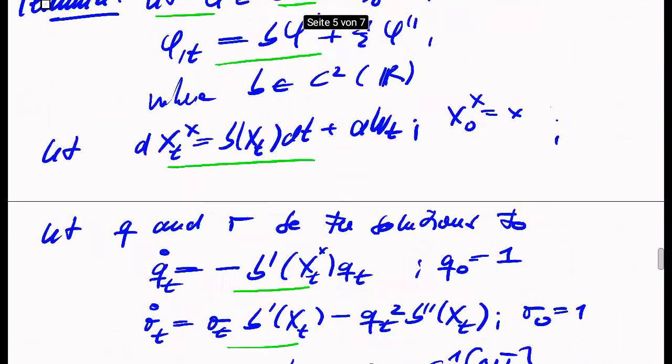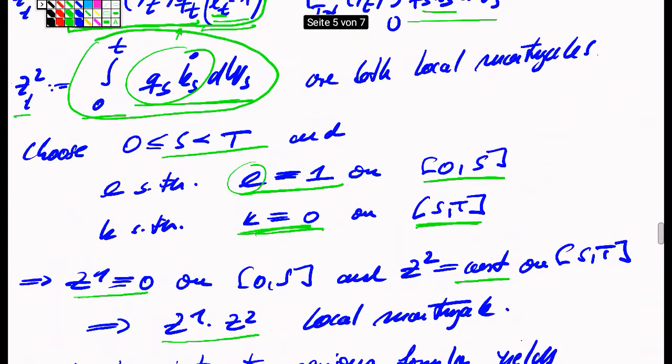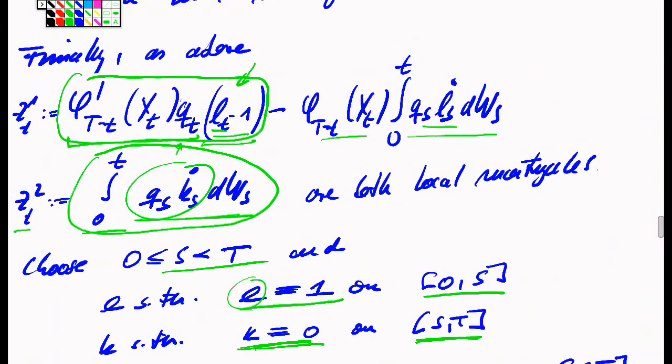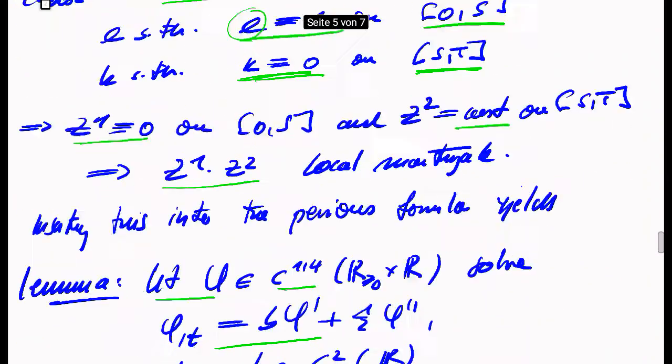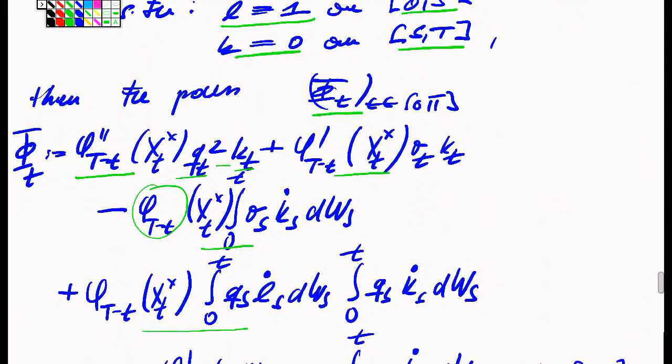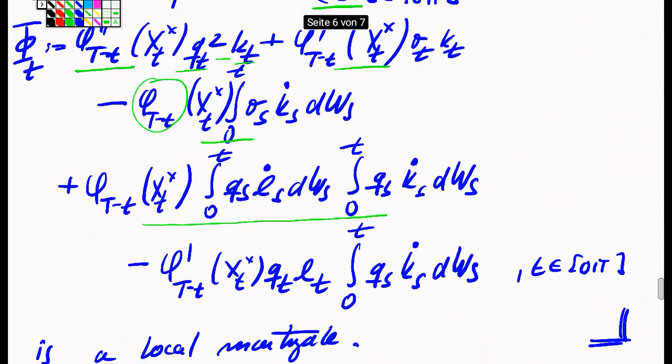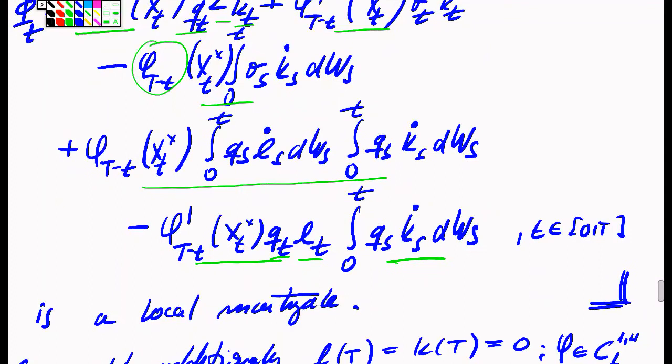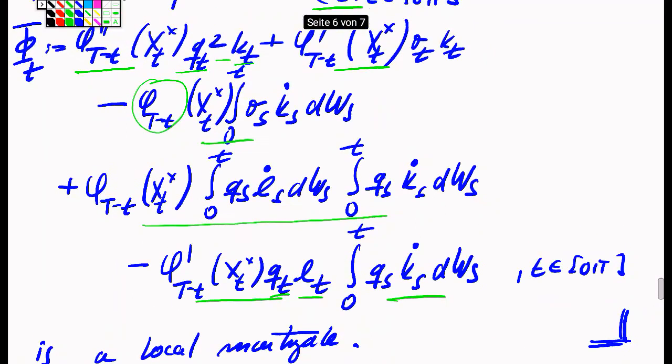So it's the phi process which was coming about from, let me see it again, right. So it's this phi process multiplied with this stochastic integral and multiplied with this stochastic integral. That is another term which appeared now in our formula. And finally, it's the phi prime process with a Qt and Lt and multiplied with the stochastic integral here. So that's a local martingale. That's the statement of the lemma, which we have just established.